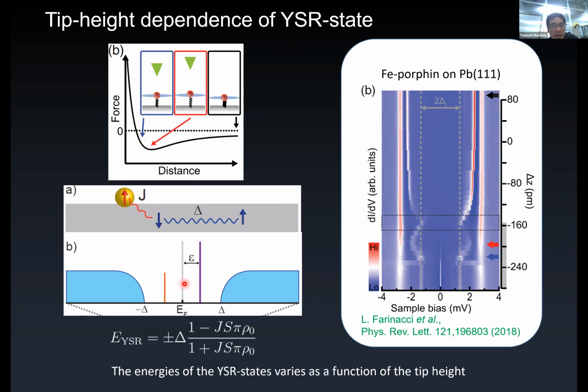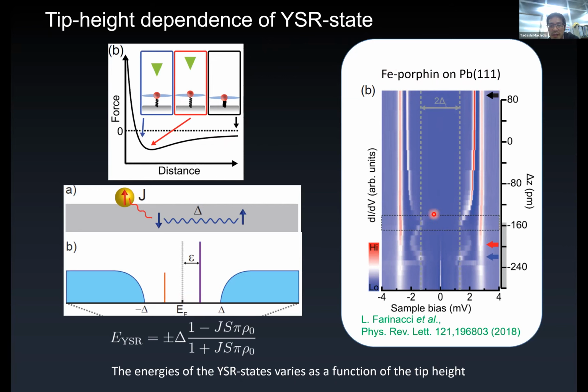Since the energy levels of the Yu-Shiba-Rusinov states depend on this exchange coupling, when we change the distance between the tip and magnetic impurities, the Yu-Shiba-Rusinov states also vary as a function of the distance. This tip height dependence of the Yu-Shiba-Rusinov states has already been observed in conventional superconductors around magnetic impurities.